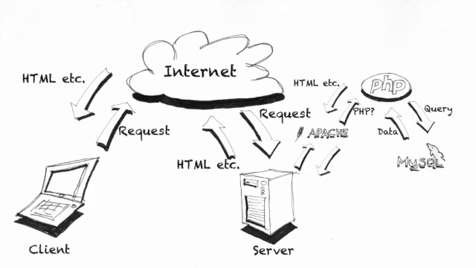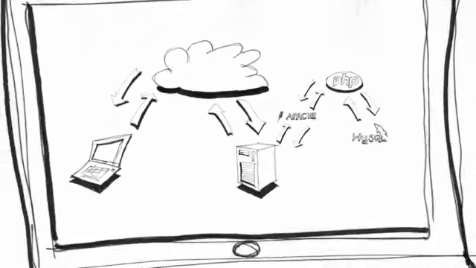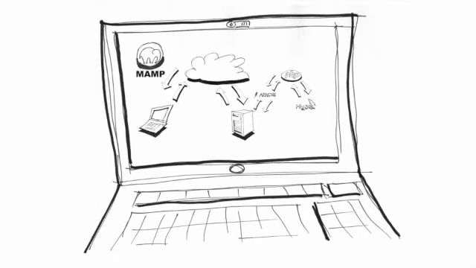Now what we're going to get you to do, if you haven't already done it, is install MAMP, M-A-M-P. I think it stands for Mac, Apache, MySQL, PHP, in the old days, but of course it's available on any operating system, not just the Mac these days. But you're going to install MAMP, and what that essentially does is take this whole process and run it all on your own laptop.